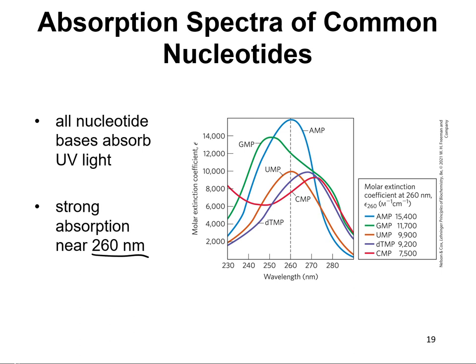There are instruments, and I know the proprietary name for the one I'm thinking of is a NanoDrop, little machines that literally fit on a table or a desk next to a computer, where you can put 1 or 2 microliters of your nucleic acid solution and put the little lid down, and you can look at the absorption and it will calculate the concentration of the solution based on its 260 nanometer absorbance and the molar extinction coefficient.